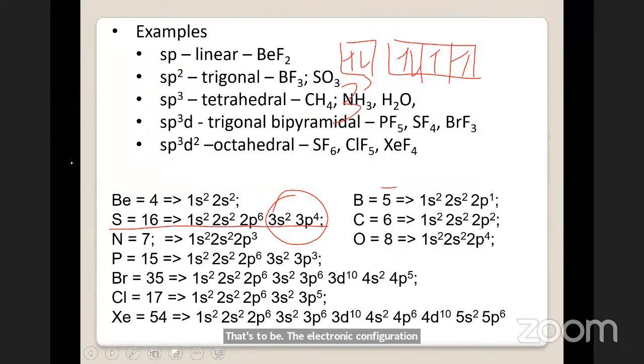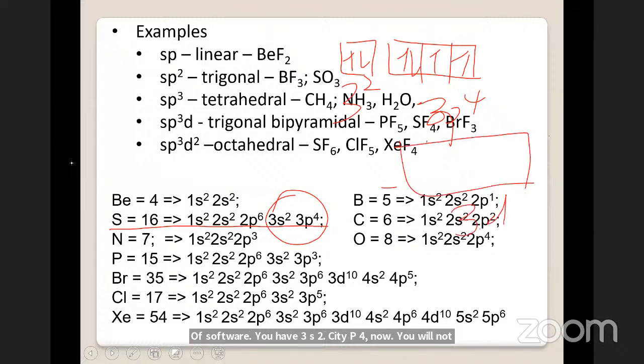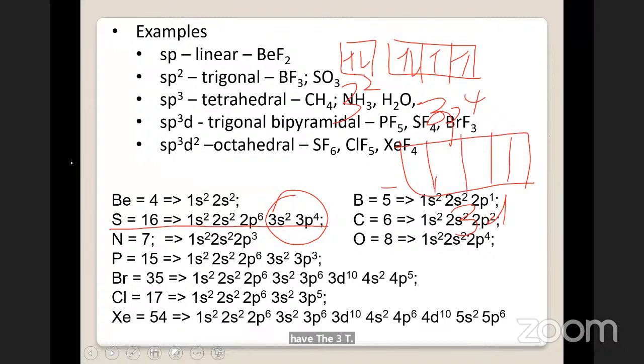You have 3s2, 3p4. Now, you will have the 3d, which is the next shell, and you have valence shell electron pair repulsion. This pair is repelled here, and this pair is repelled here. So as a result of that, you will have your molecule becoming this.